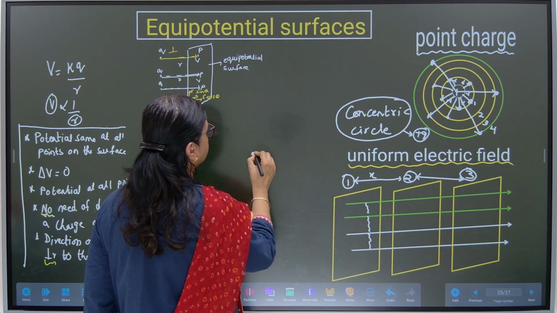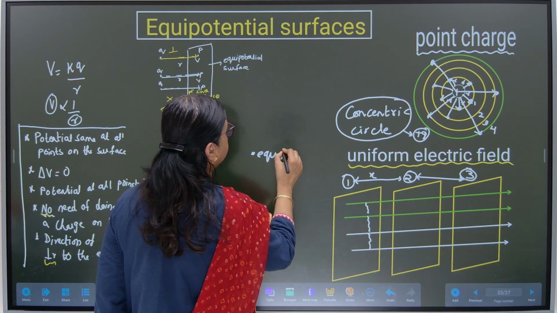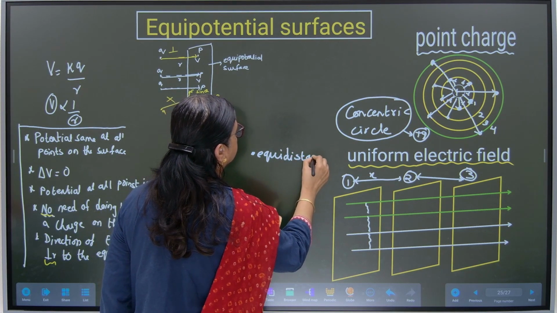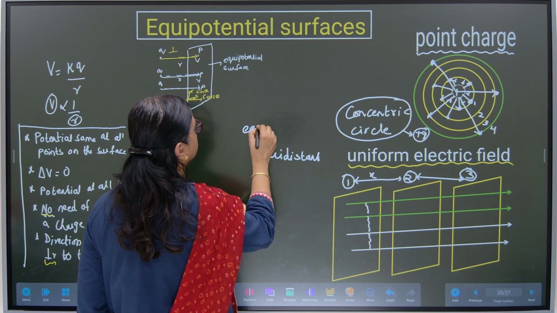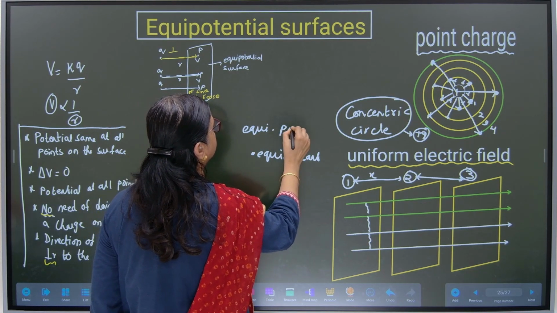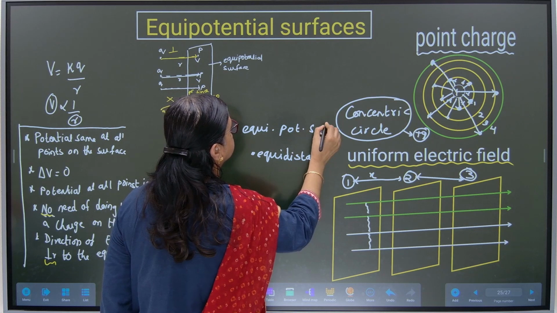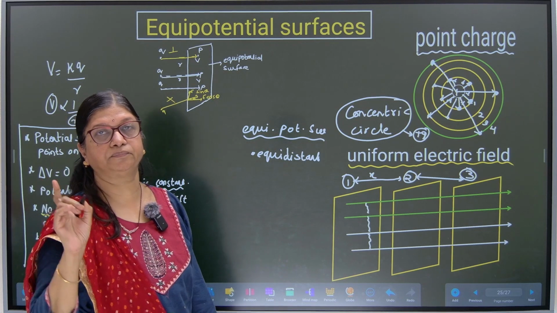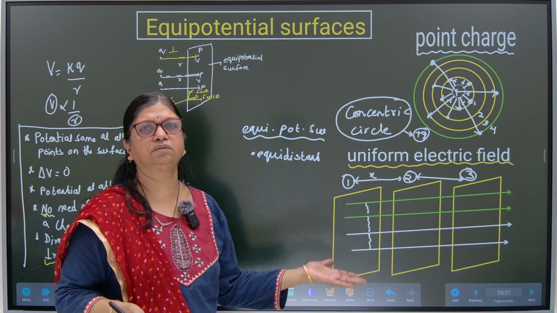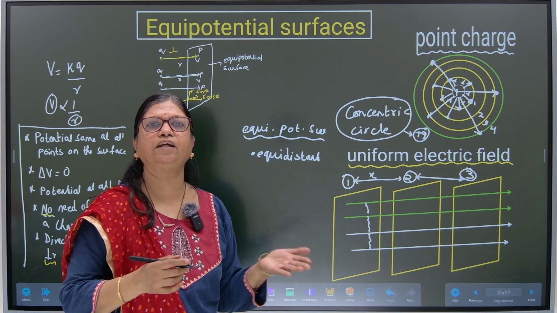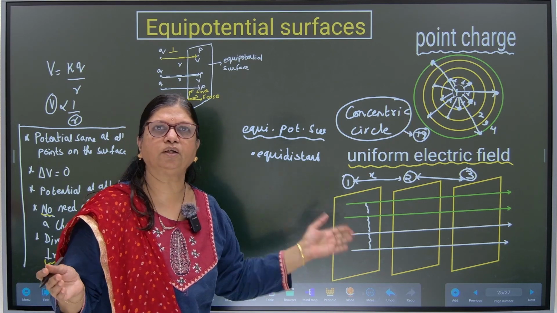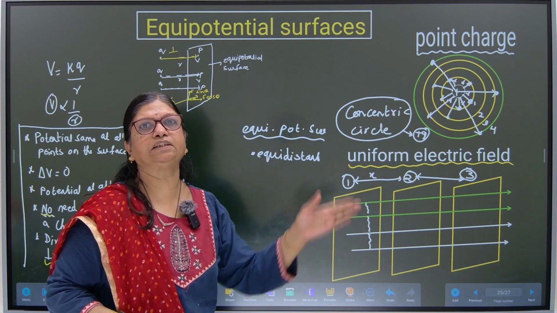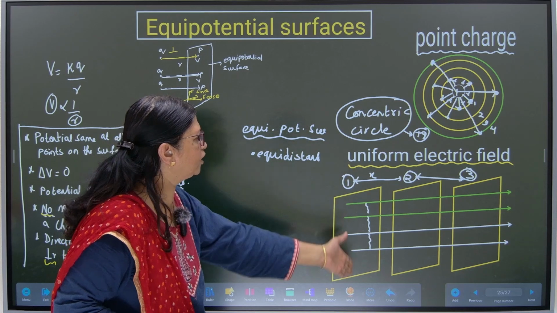Remember, how are they? Equidistant. Remember these words. Equipotential surfaces are equidistant. Why? Because the electric field value is the same in the whole region. So as the distance increases, the potentials will change uniformly for those particular points.